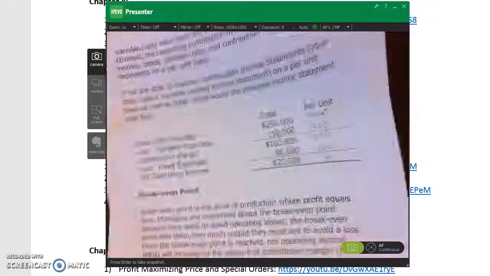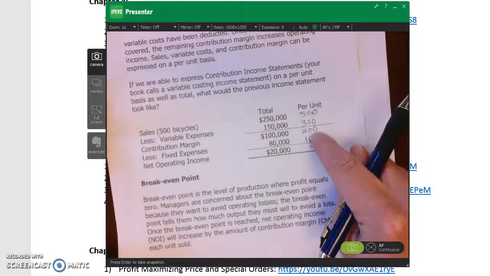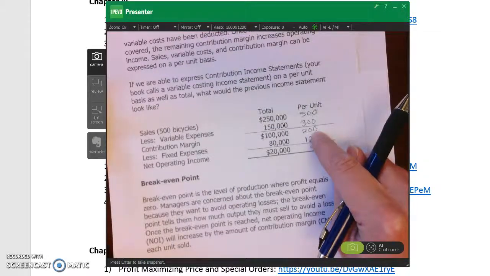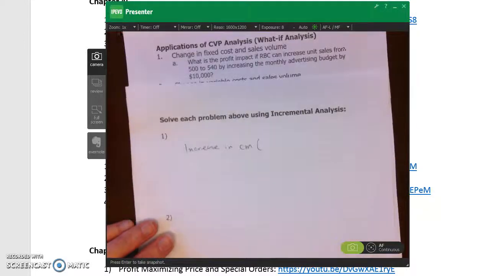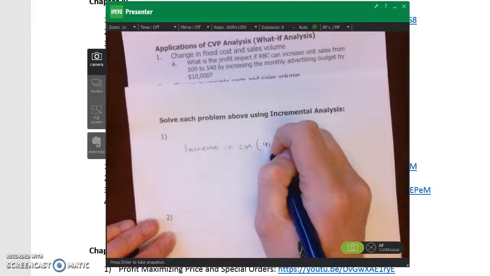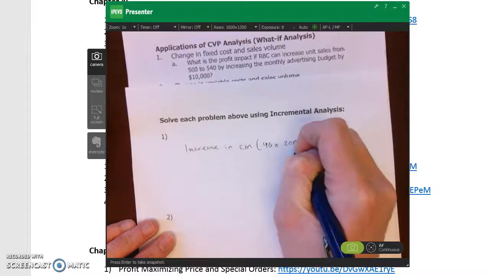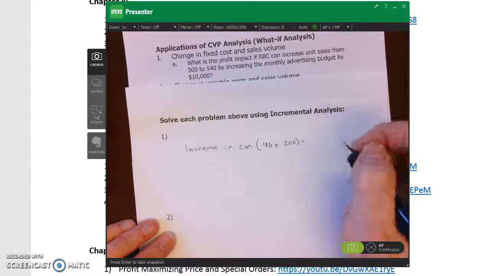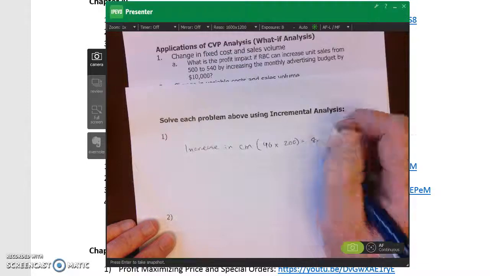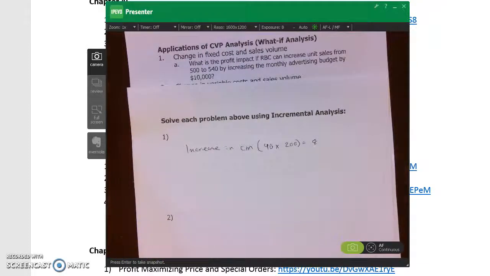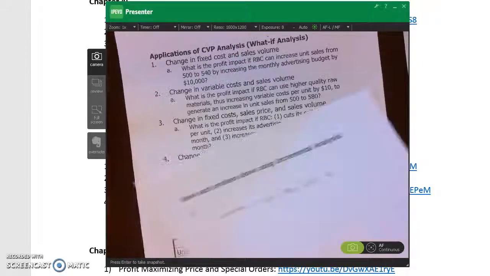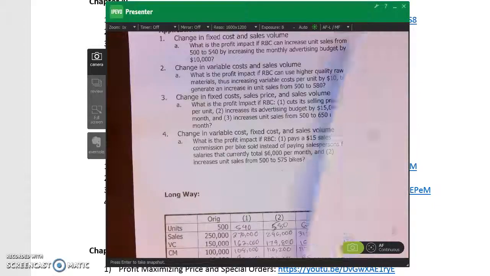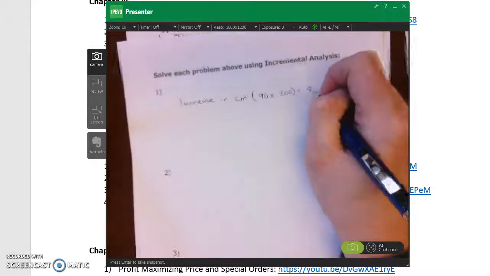So therefore, we can assume that contribution margin per unit is still $200. So I can take my 40 times my $200, which equals my $8,000.